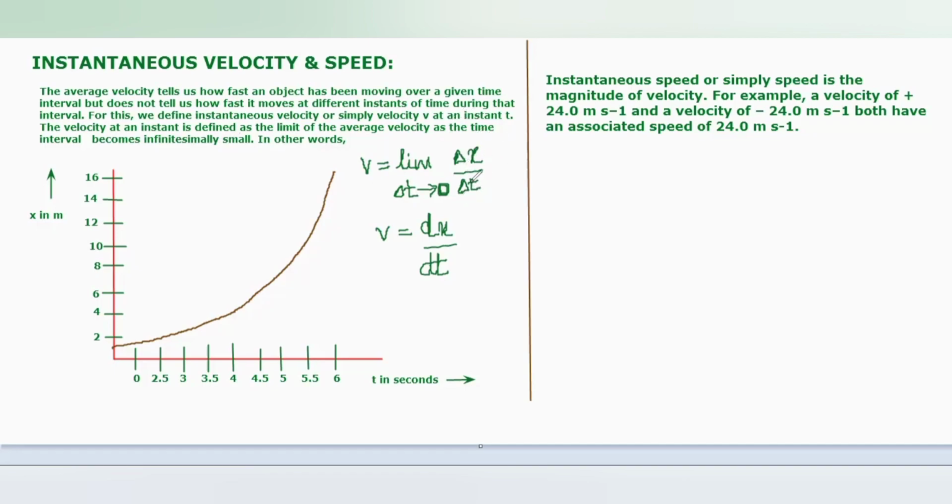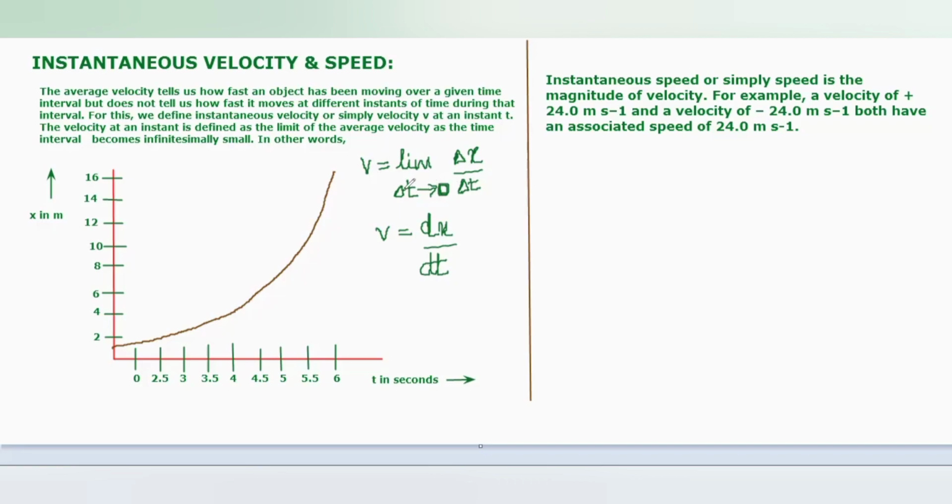This delta x by delta t is the average velocity, because delta x is x final minus x initial, the change in position with respect to the time interval. In that average velocity, we have to make the time interval infinitesimally small, it means it has to approach 0.